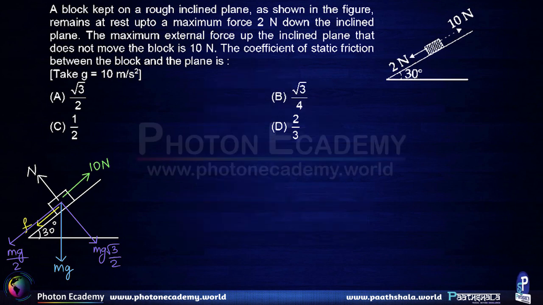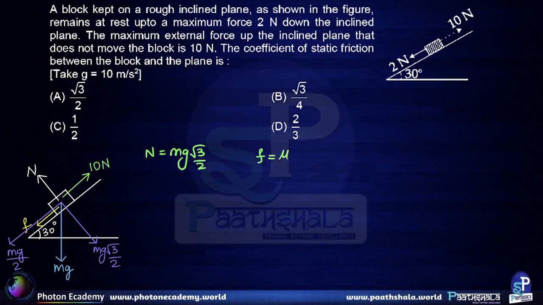Now again balancing the forces perpendicular to the inclined plane, we get normal equals mg root 3 by 2. The maximum static friction which can act is mu N, that is mu mg root 3 by 2.